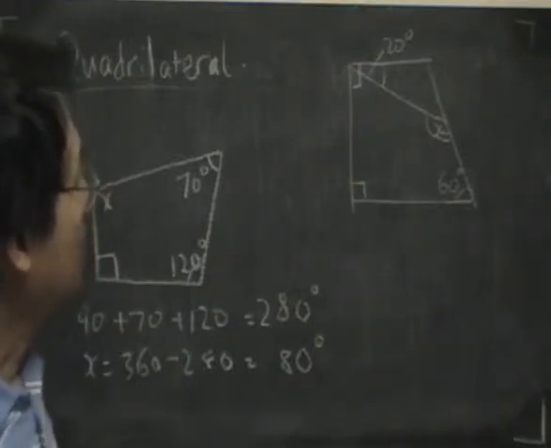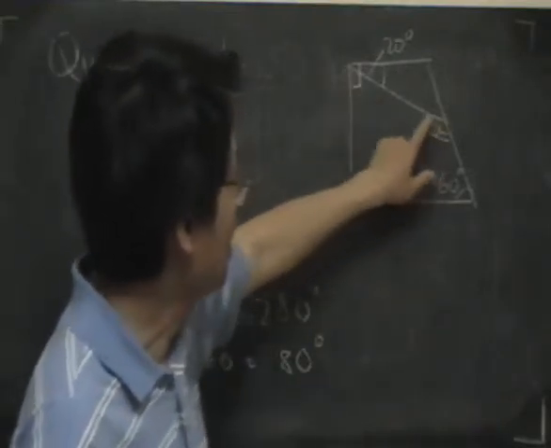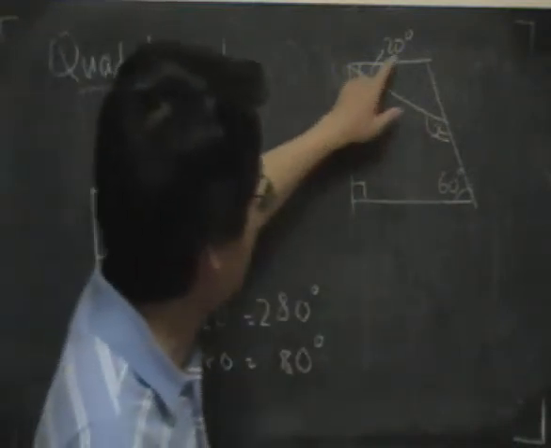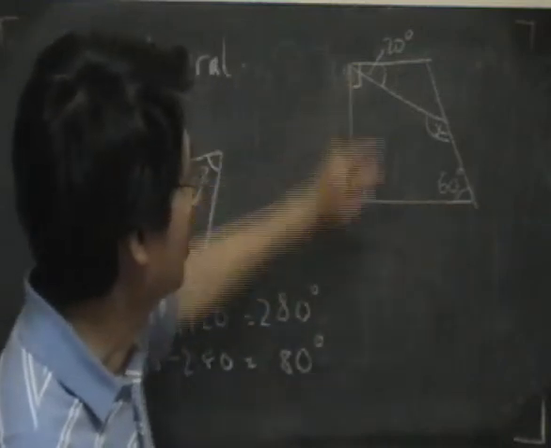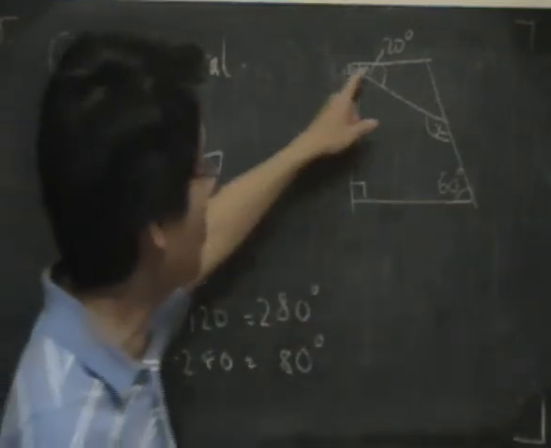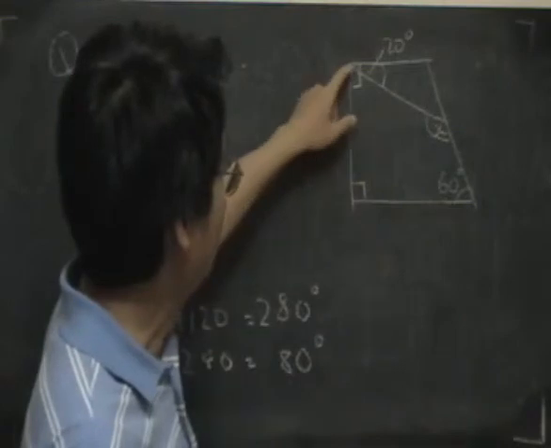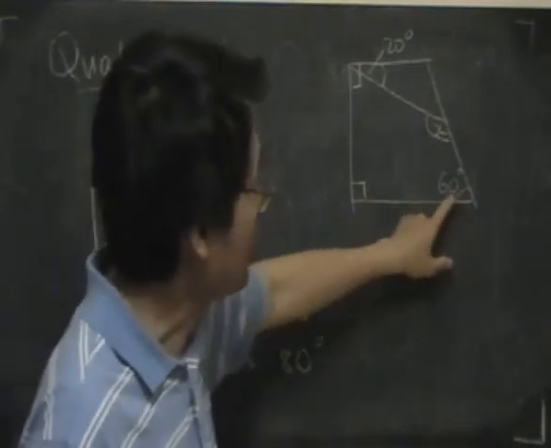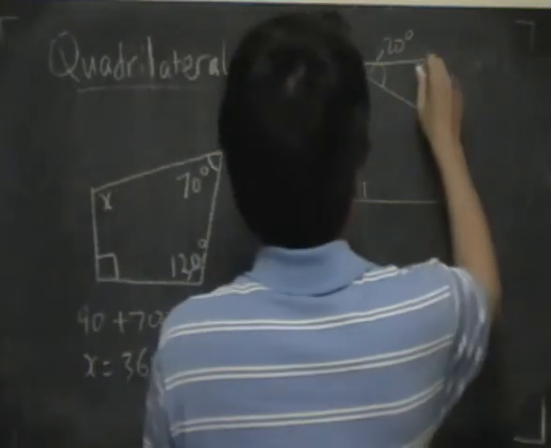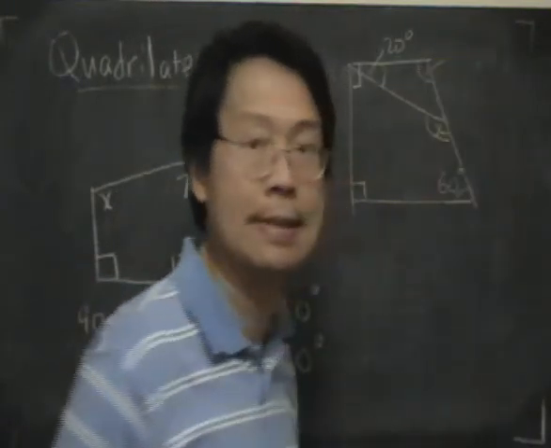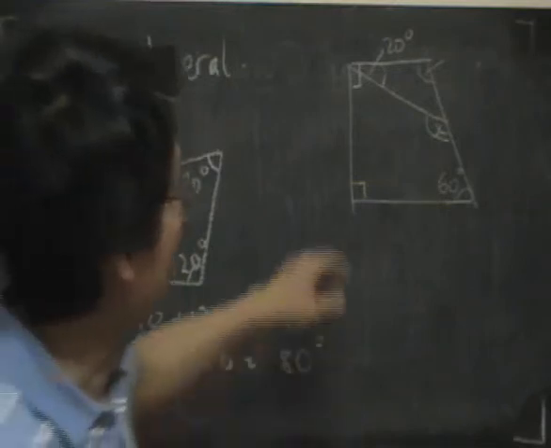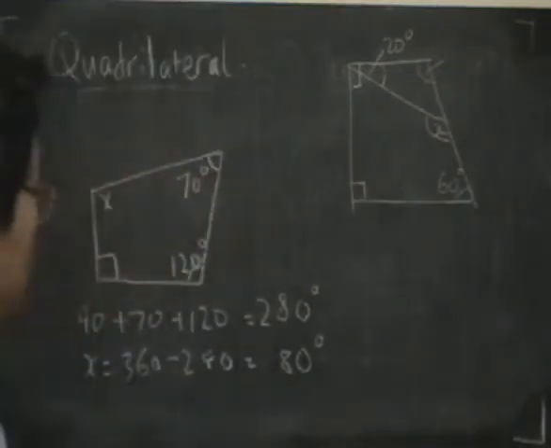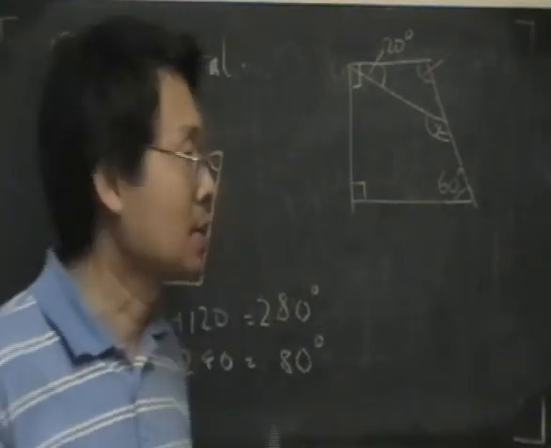Alright, if I ignore this line for now, and just look at the quadrilateral, look at this shape here. Now I have these 2 angles, 90 degrees. I know that's 60 degrees. So that means I can find that angle, because the sum of all 4 angles is 360 degrees.